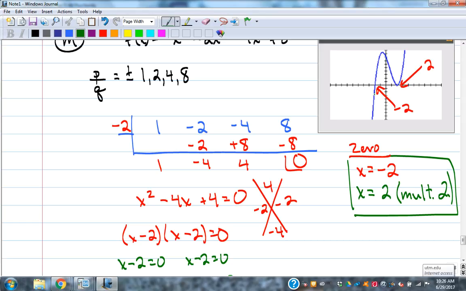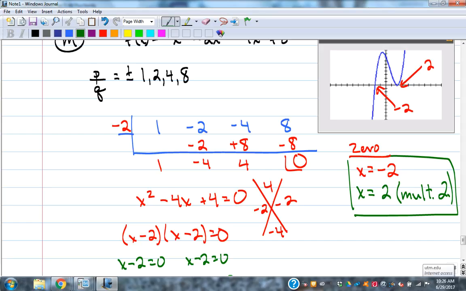What that helps you do on much larger polynomials, if you get one that's like an x to the 5th power, and you see on the graph that it bounces off the x-axis, that means you can use that number in synthetic division more than once. Like I could have used +2 in synthetic division here and got it to work. It works, and then I could have used it again if I needed to.